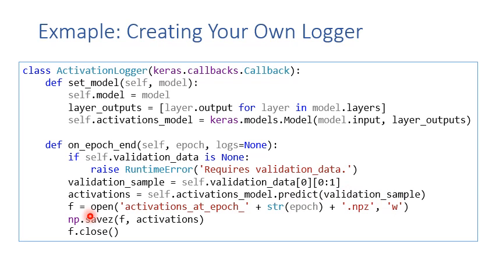The prediction will do the inference and activate the necessary activation functions. And then we open a file called activations_at_epoch, and use the epoch number as the end of the file name, and save it in NPZ format. And then we just save the outputs.